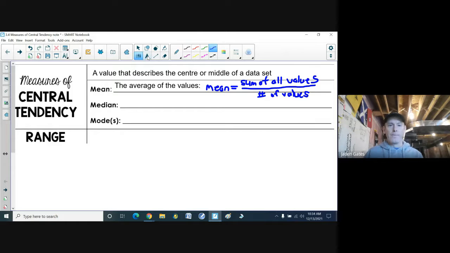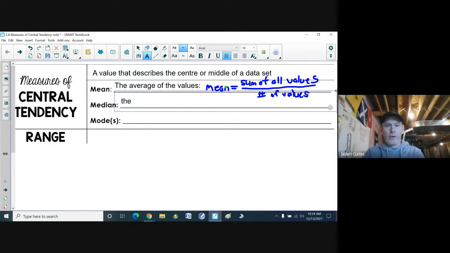that you're talking about. Now, the other ones that are a little bit different are the median and the mode. The median is the middle value if the values are arranged from small to big.